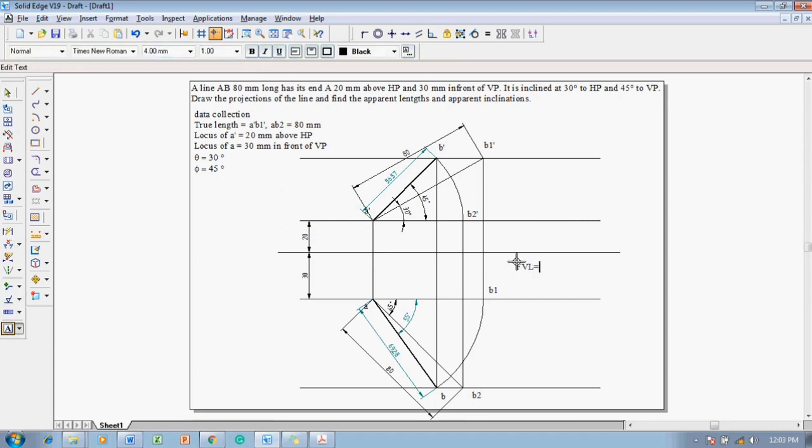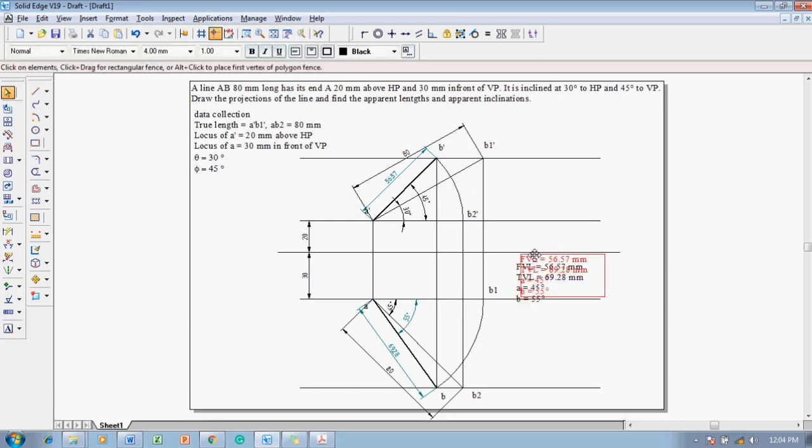FVL is equal to 56.57 millimeter, and in the same fashion the top view length is equal to 69.28 mm, and then angle alpha, for which I will write it as A is equal to, what is the angle? 45 degrees. Then I will place the degree symbol, and then angle beta, for which I will write B is equal to, and then the angle is 55 degrees, and I will place the degree symbol.